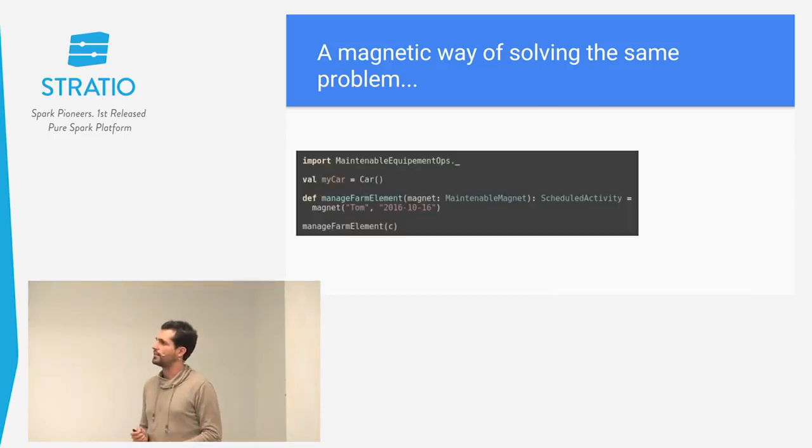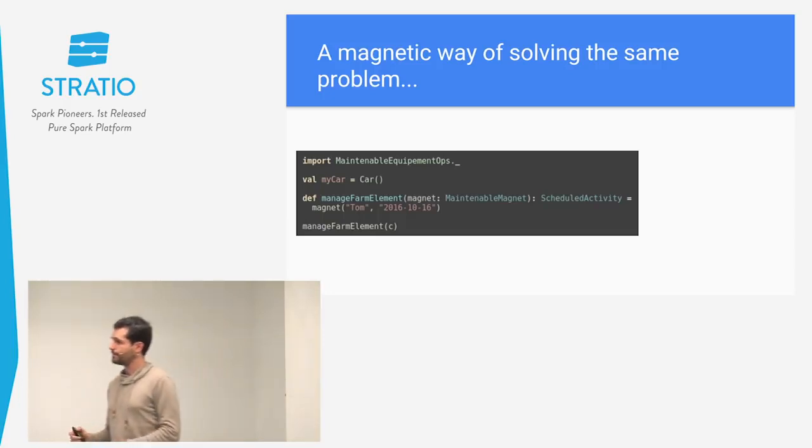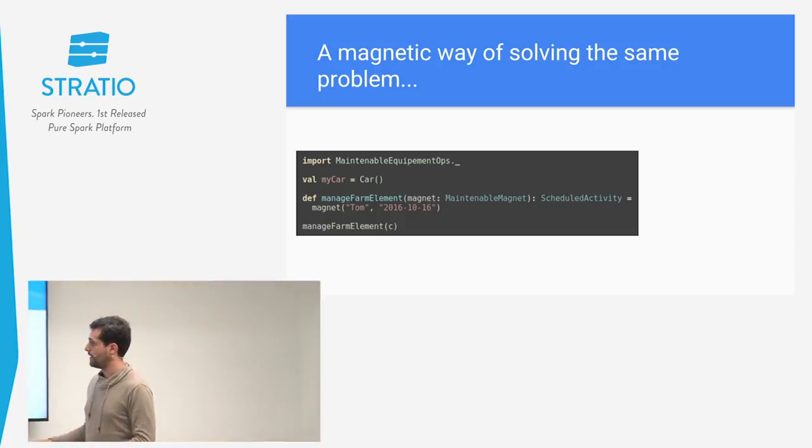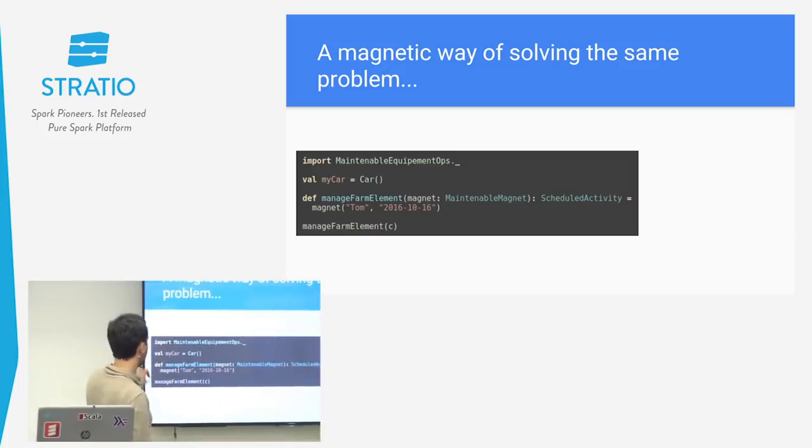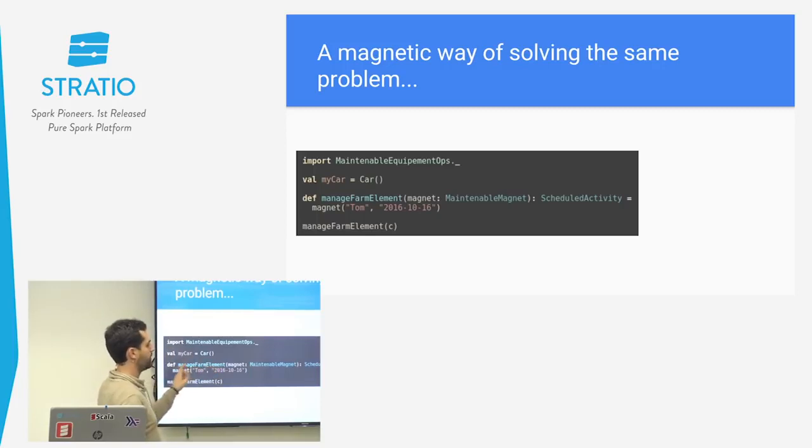And this is an example of use. So we create a method receiving a magnet, and instead we have a car. Instead of applying the conversion, we just pass car to the method expecting a magnet, and the compiler will perform the conversion.